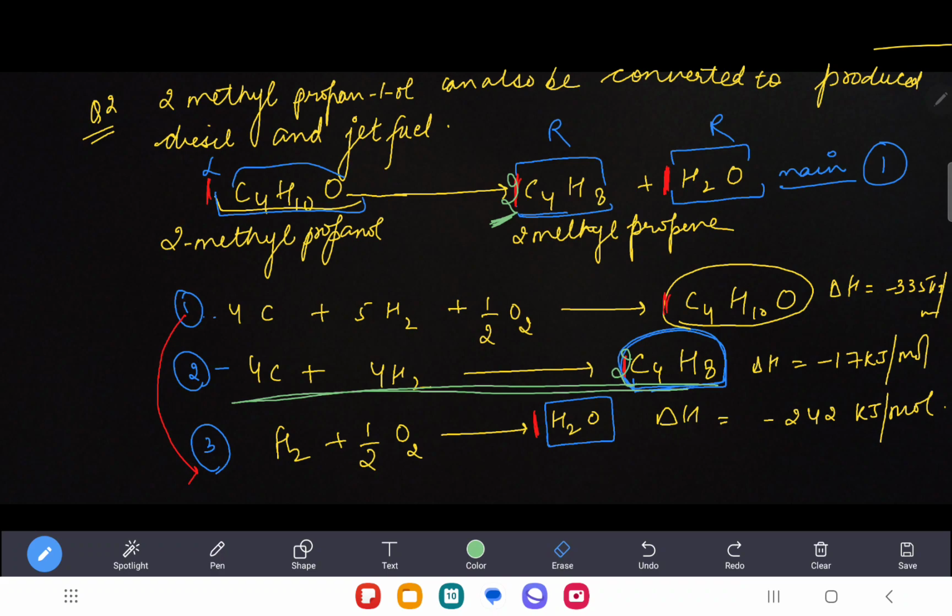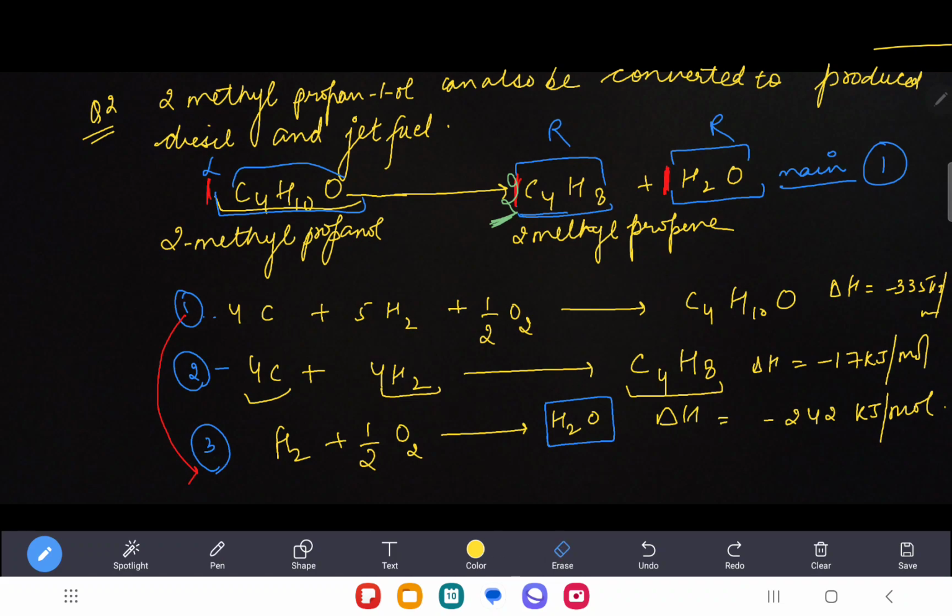But right now there is no need, reason being in my main equation all the coefficients are just 1. So that is the concept.